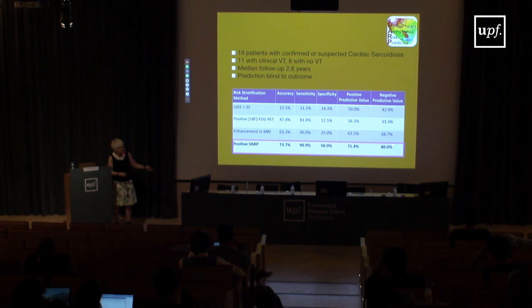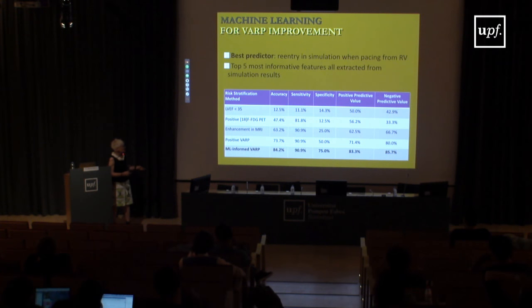So we decided to augment the approach. We did machine learning and combined it with our simulation approach to create a novel tool to predict that. We did machine learning on images, on the simulation outcome, and on clinical outcome. We combined all that.